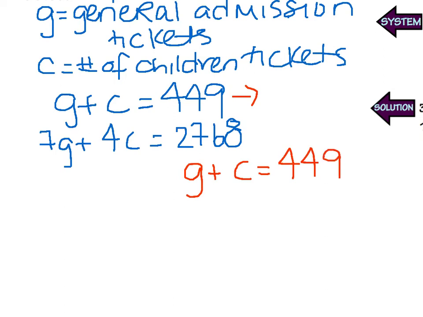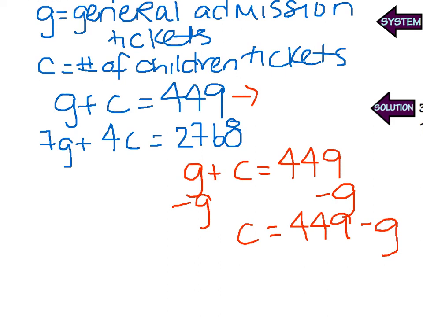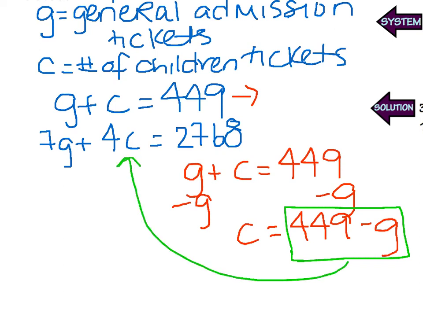Because I said I'm going to solve for C, that means I have to subtract G on both sides. So now I know that my number of children tickets is equal to 449 minus the number of general admission tickets. I'm going to go ahead and plug this expression, 449 minus G, wherever I see C, into the second equation.